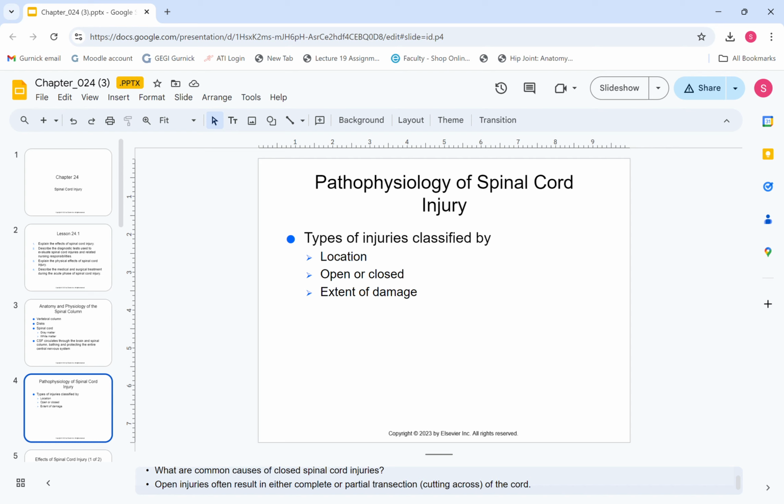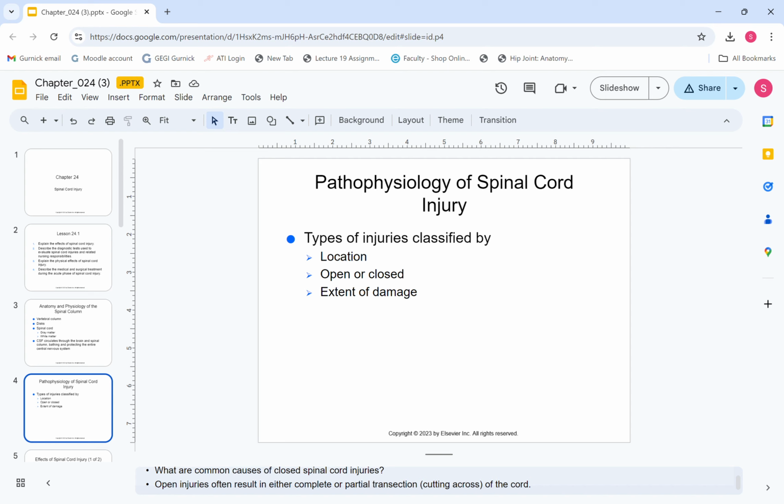So when we're taking care of somebody that is suspected of having a spinal cord injury, one of our priorities is to immobilize the spine, so we don't cause any further damage. If they do have a partial transection, we don't want to turn that into a complete transection because we're moving them and pulling on those spinal nerves.